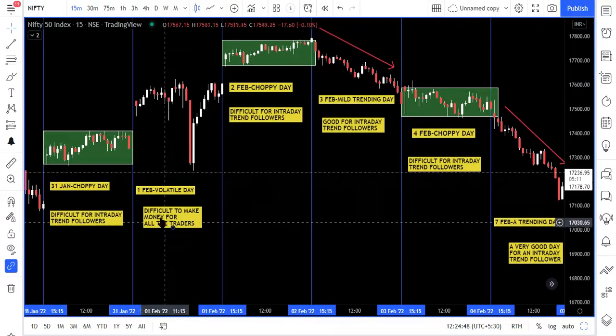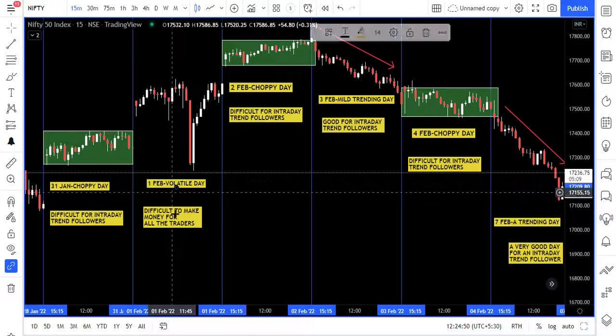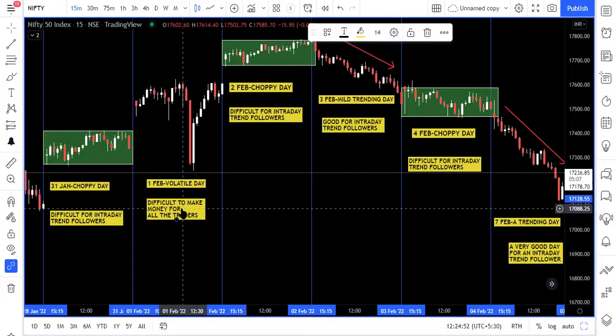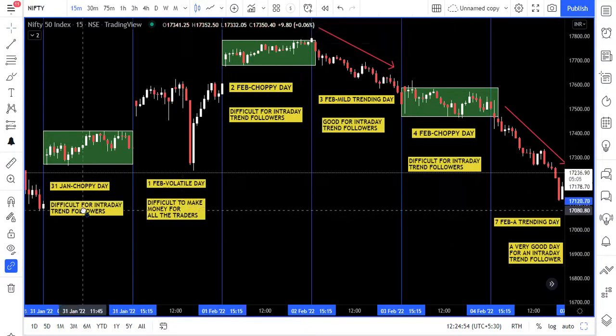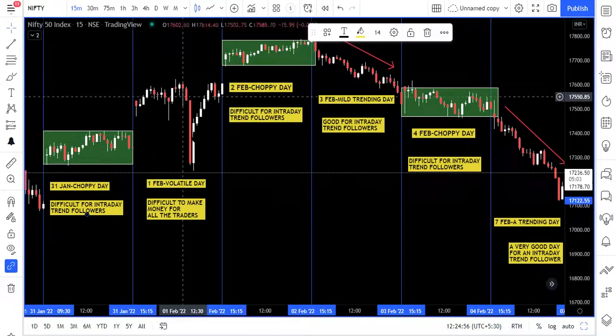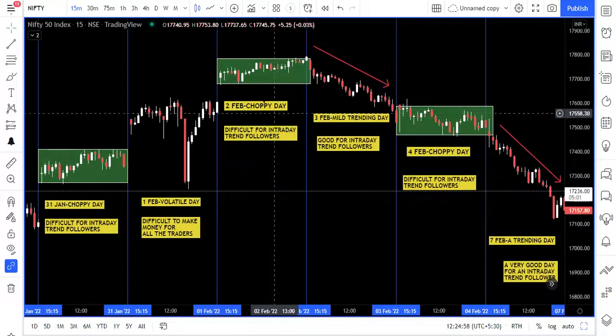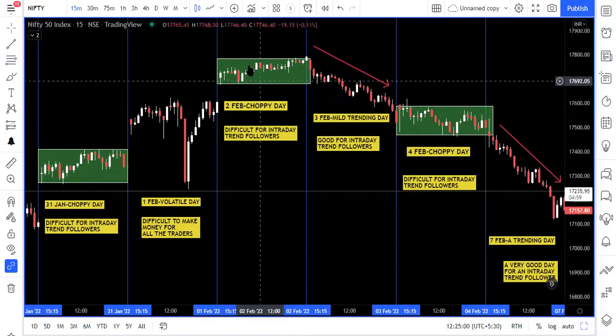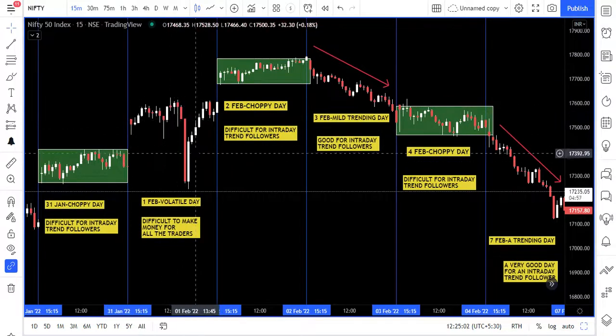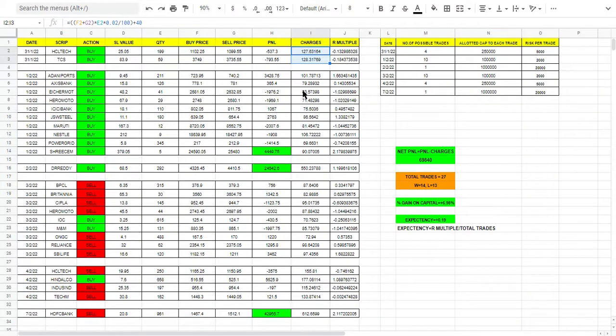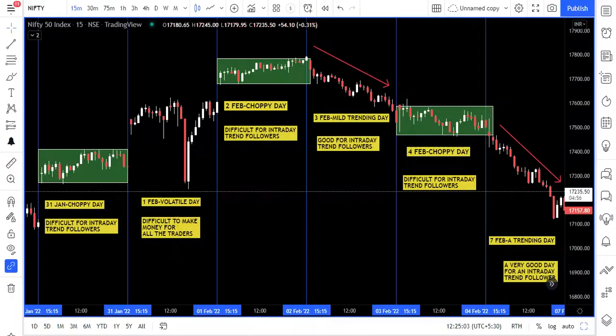So it was a very difficult day even for an option seller or for a trend follower. It has been a very difficult day for those sort of traders. First we will see how our stocks performed on 1st February. On 1st February, we made good money. I mean, it wasn't very good, but we didn't lose money despite it being a very, very volatile day.